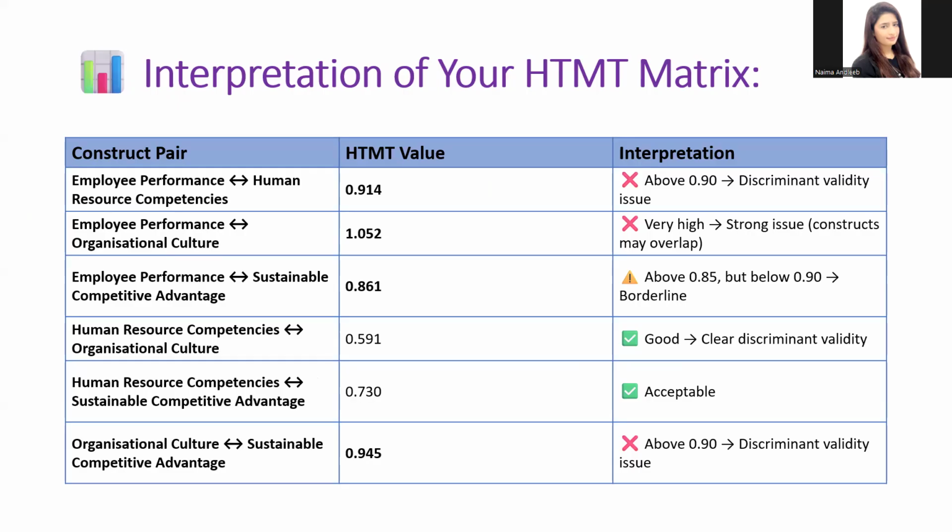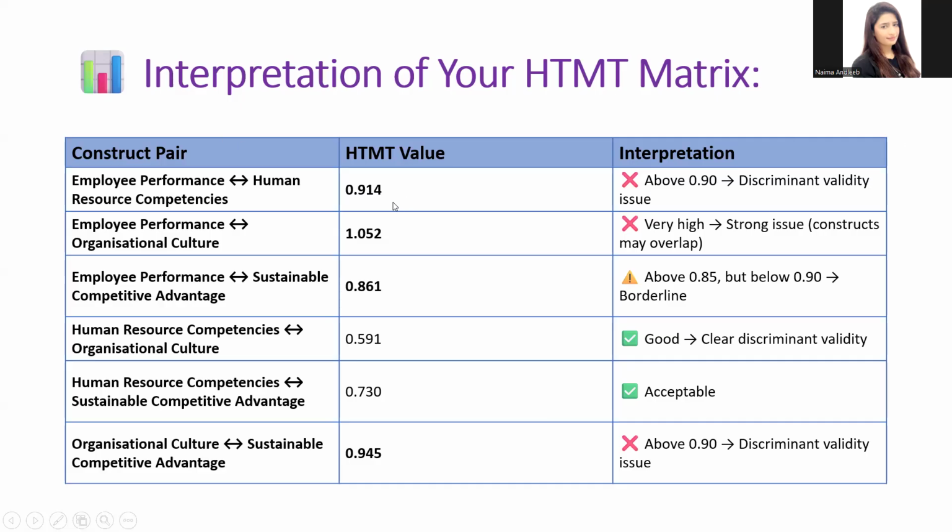I actually made this table to make your task easier. Let's say there was employee performance towards human resource competency. Between these two variables, 0.914 was the HTMT value, the discriminant value. So above 0.9, validity issue.